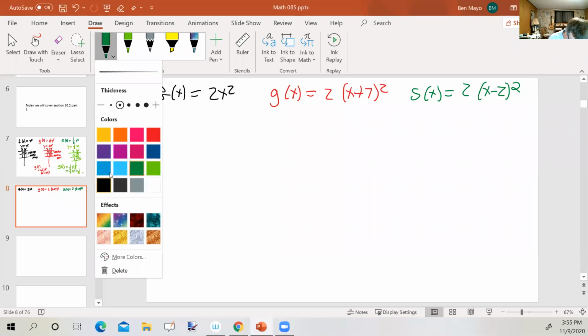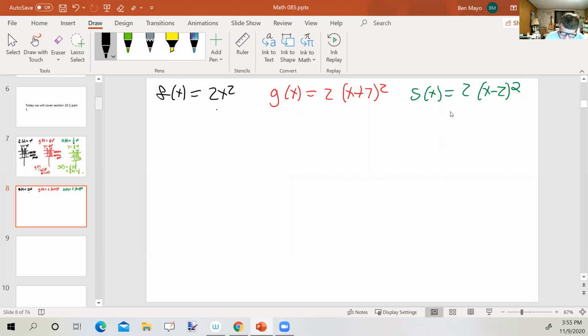So f of x equals 2x squared. Again, that's like y equals 2x squared. That's of that form, y equals ax squared. So where's the vertex? It's at 0, 0. Okay.